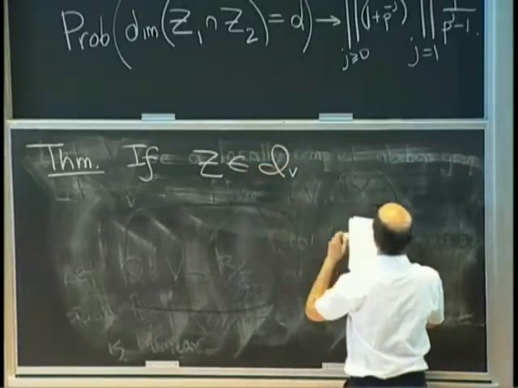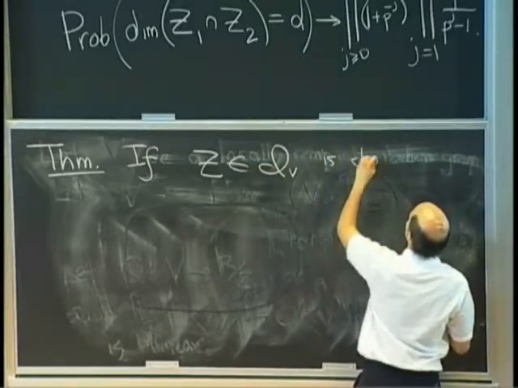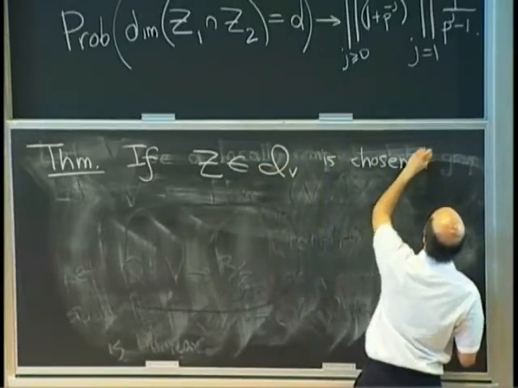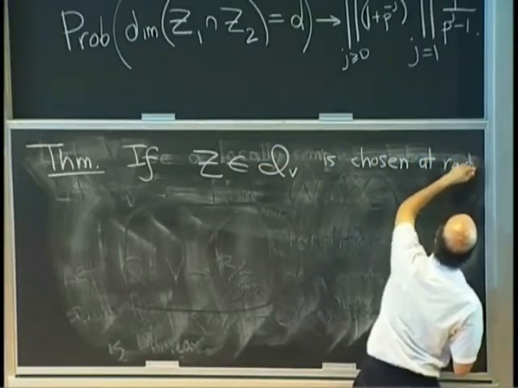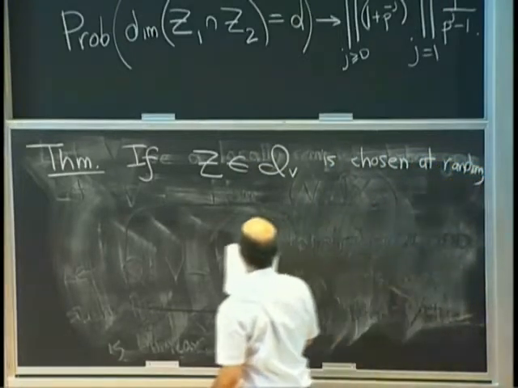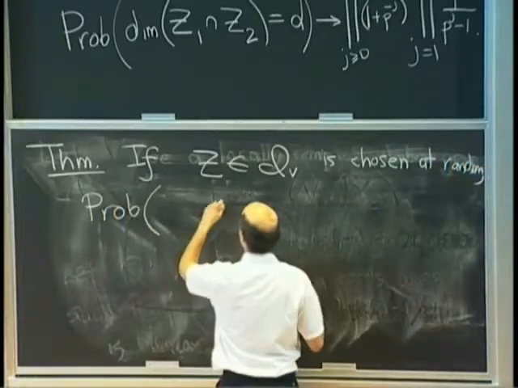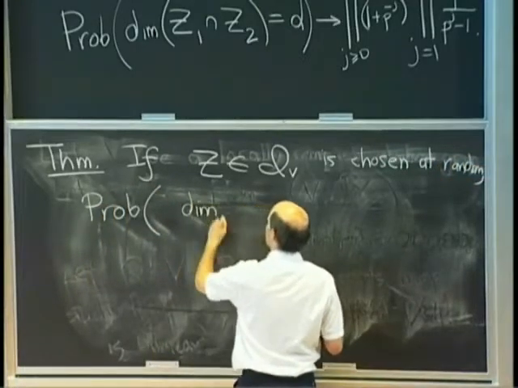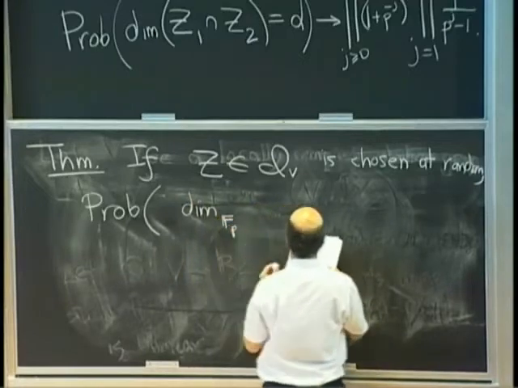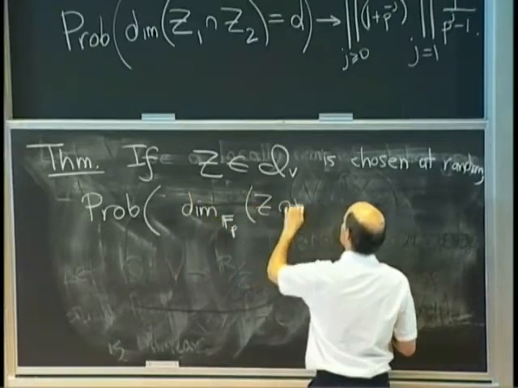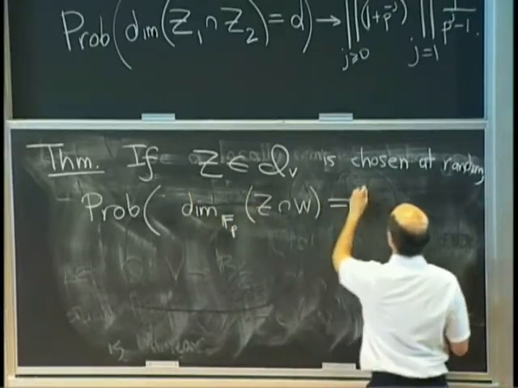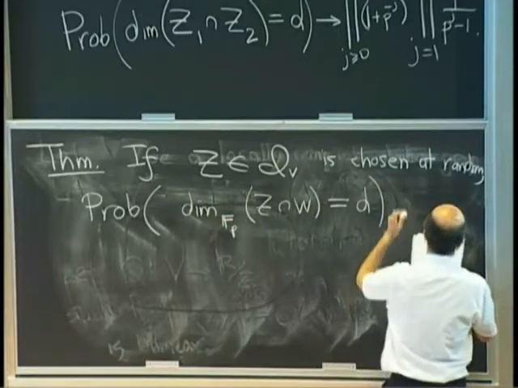So if Z is chosen at random with respect to this probability measure, then, well, I'll take the intersection of Z with W and ask what's the probability that it equals d.